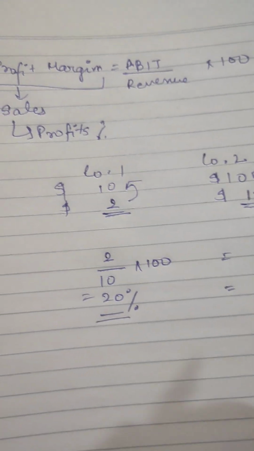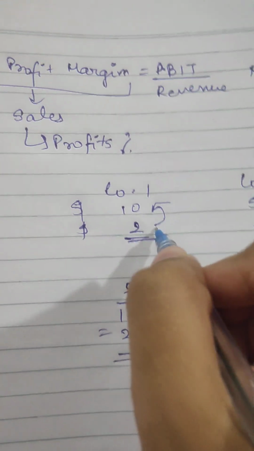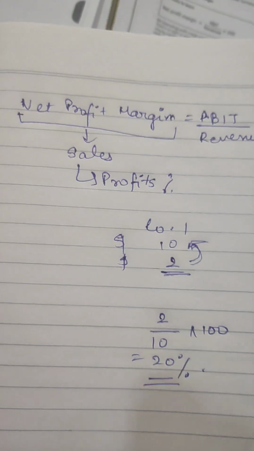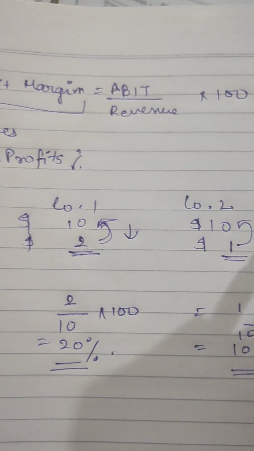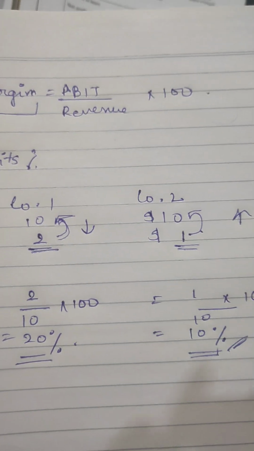But there is a possibility the company which has a greater percentage on every sale they earn, their actual revenue is less, while the company which has less profit margin has higher revenue.